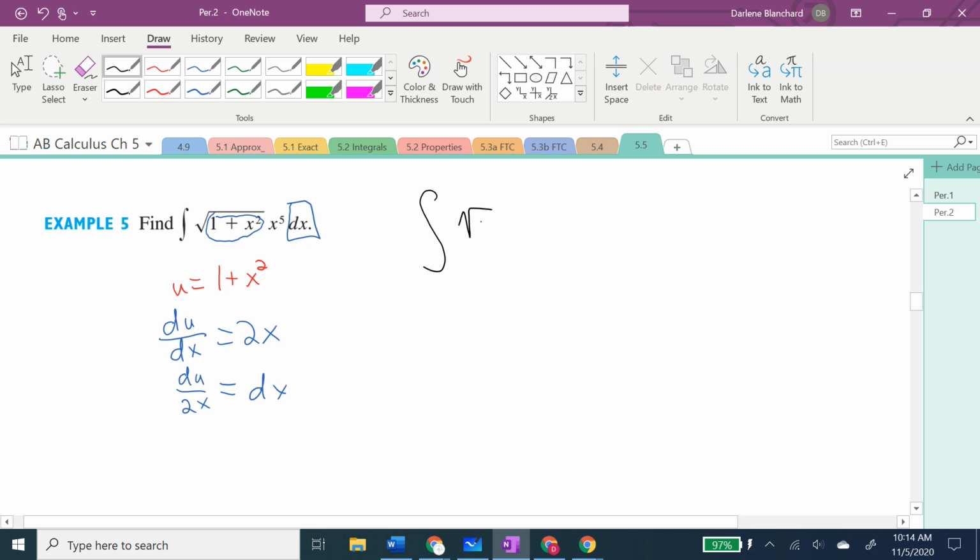So I have the square root of u times x to the 5th power times du divided by 2x. Now I get a little bit of cancellation, but not enough.